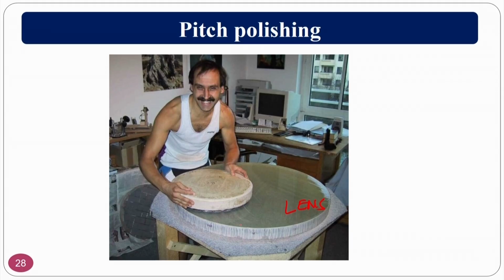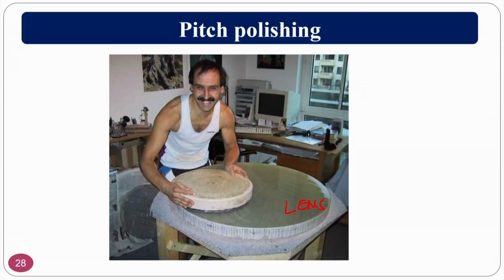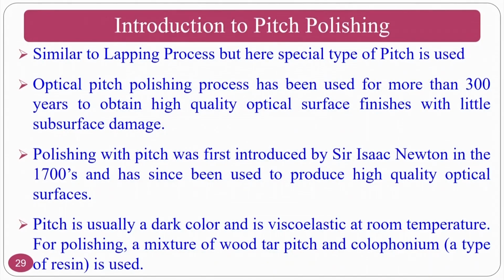Normally, pitch is one type of polymer along with abrasives, and some pads will be available where you can use this pitch, and you can do it by trial and error method. Normally it started with the trial and error method. Nowadays automated technologies are there, which you can see in the upcoming slides.